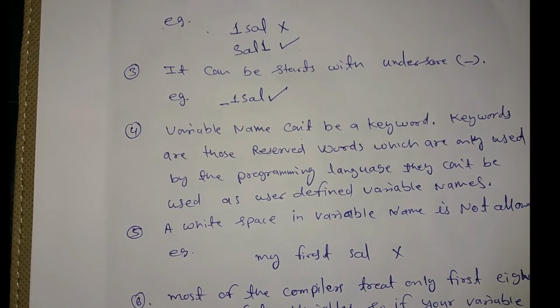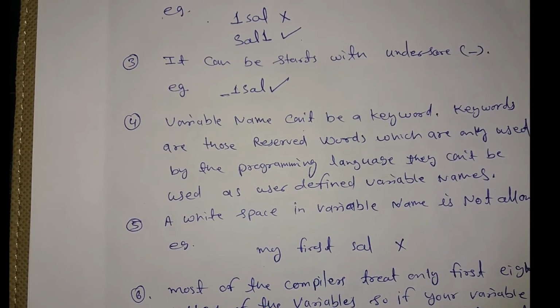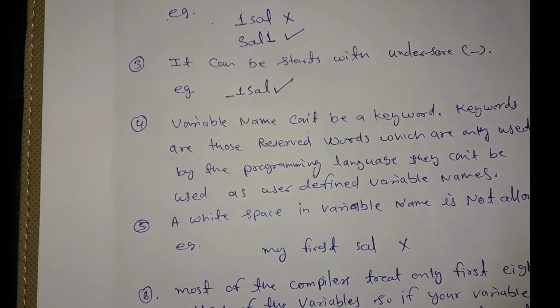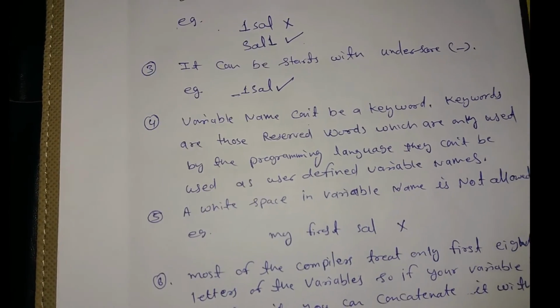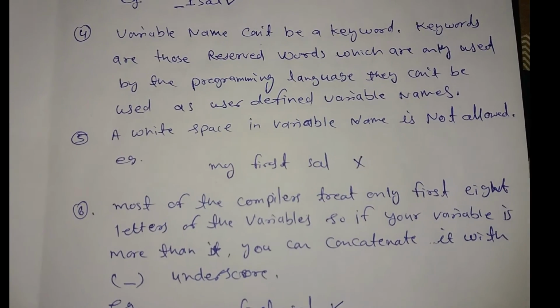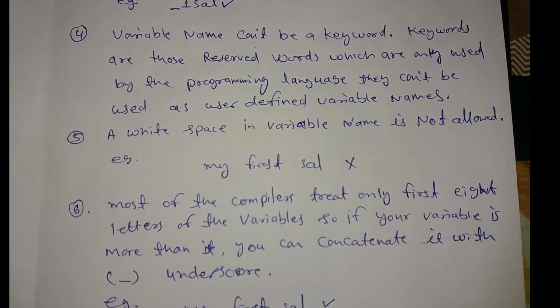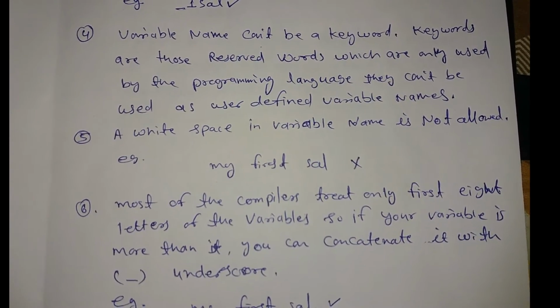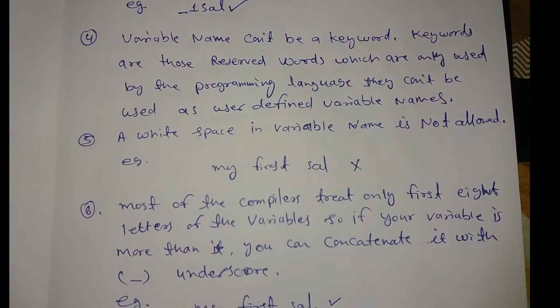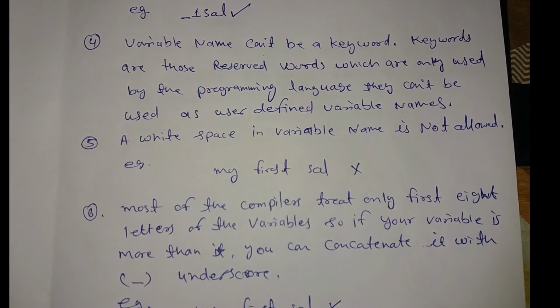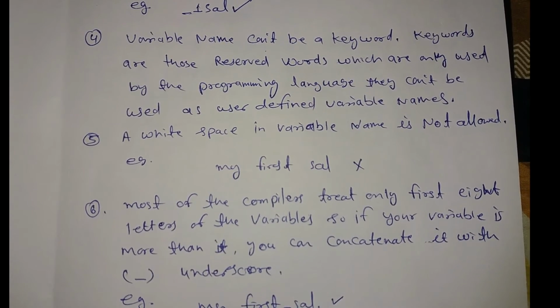So you must join the words with the underscore symbol. Rule number 6 is that most of the compilers treat only the first 8 letters of the variable. So if your variable is longer than that, you can concatenate with the underscore.